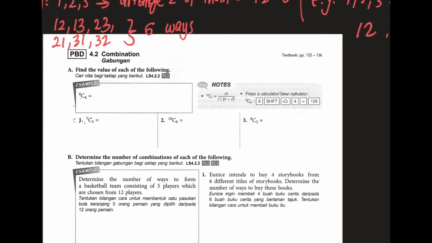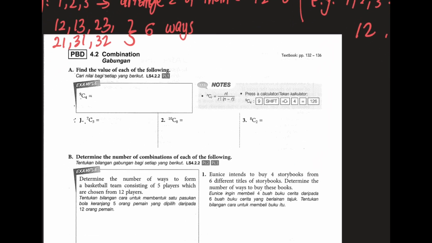Okay, now let's see combinations. It is just a little bit of stuff only, not as complicated as permutation just now. First you see the formula. nCr. If you are not pressing calculator, then you have to use this formula: n factorial over r factorial times n minus r factorial. Is it compulsory to memorize the formula?